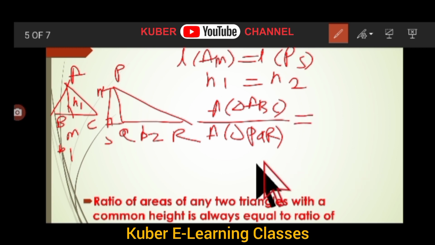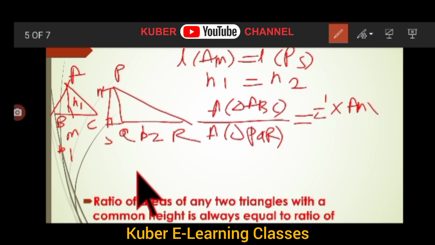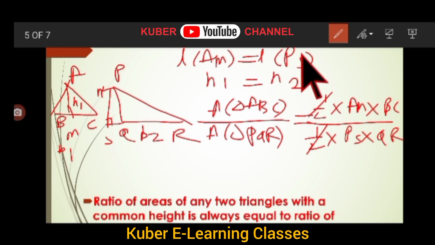Then we can take half and half. Height is AM and base is BC, and again half into height PS and base QR. Half will cancel, and AM is also equal to PS, so this will also cancel.